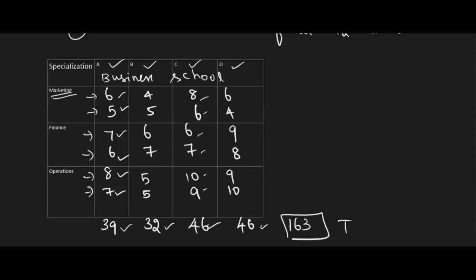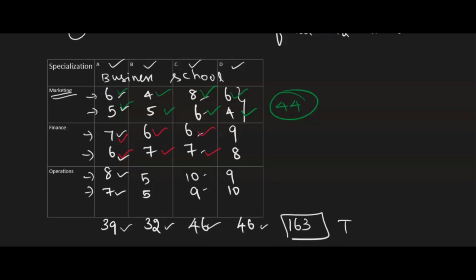Same as two-way ANOVA. And here if you see, these 2 rows are there, right? So this is for marketing. So we can add all these things together. Let me choose another color. So 6 plus 5 plus 4 plus 5 plus 8 plus 6 plus 6 plus 4. All these together is 44. I'm writing here. Similarly, I am adding 7 plus 6 plus 6 plus 7 plus 6 plus 7.